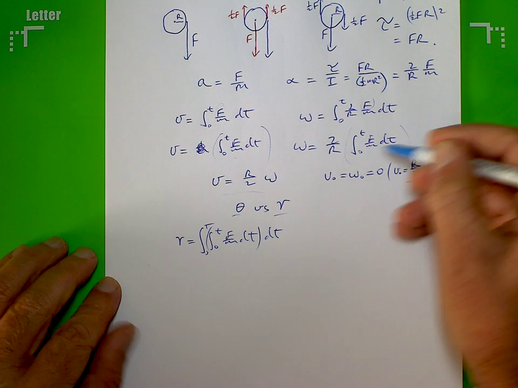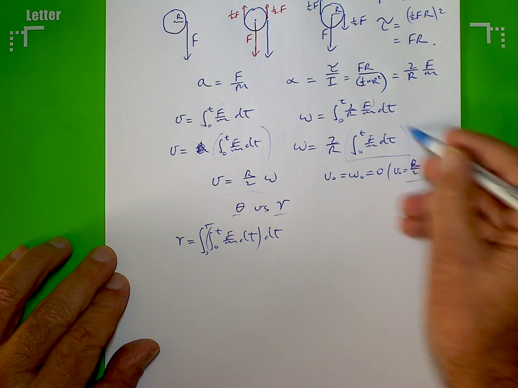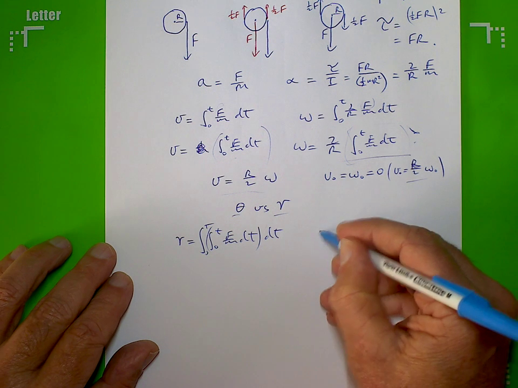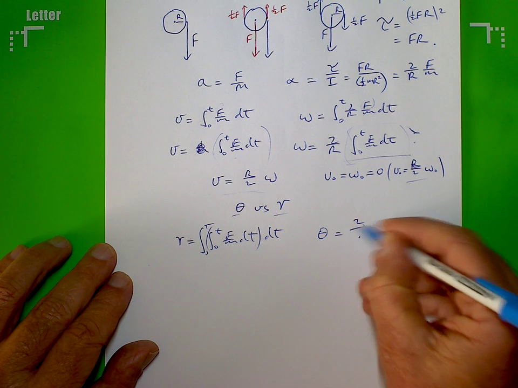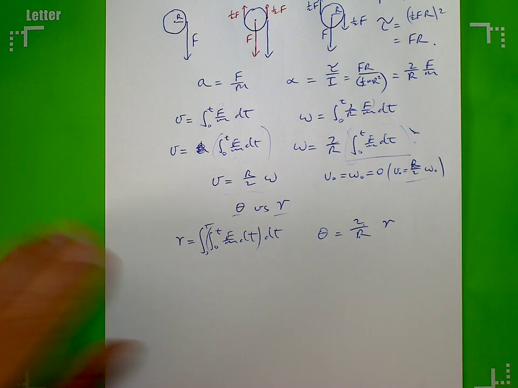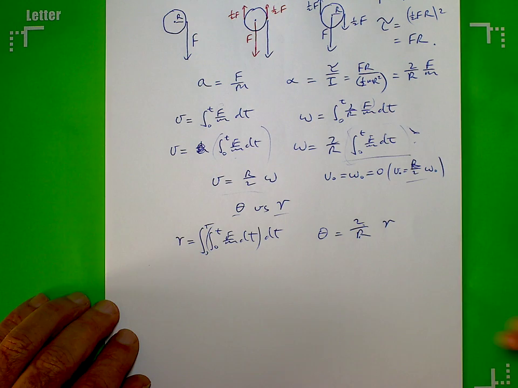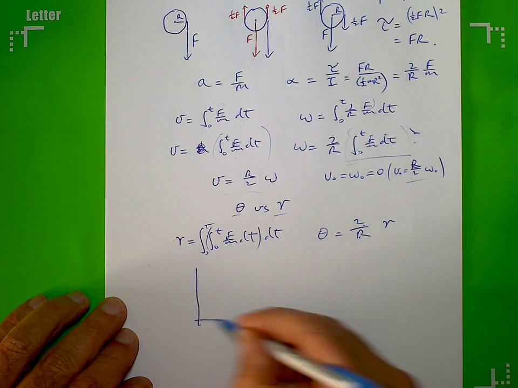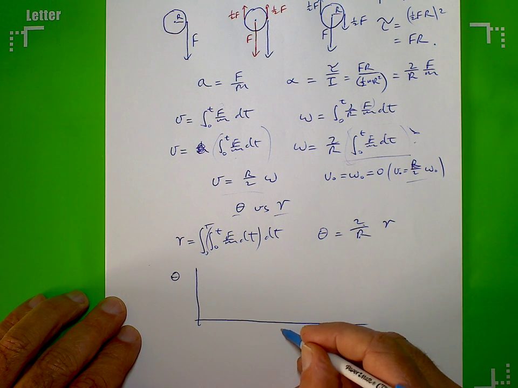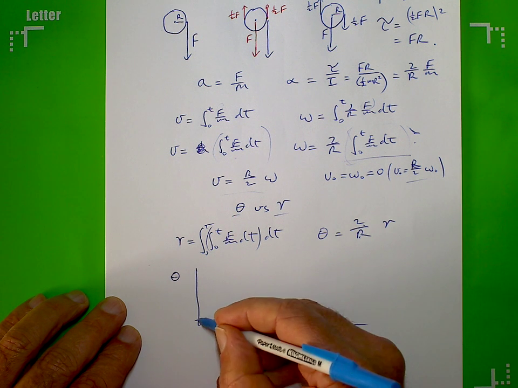But basically, again, everything on the right is exactly the same, and so you're going to get theta equals 2 over R times r, like so. So if we draw a graph of theta versus r, we should get a line.